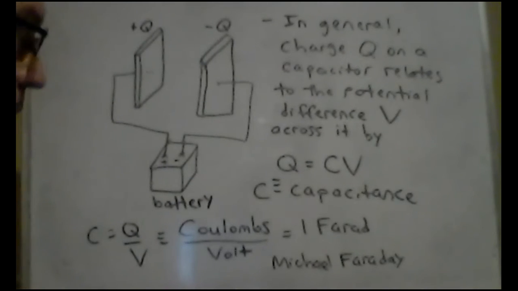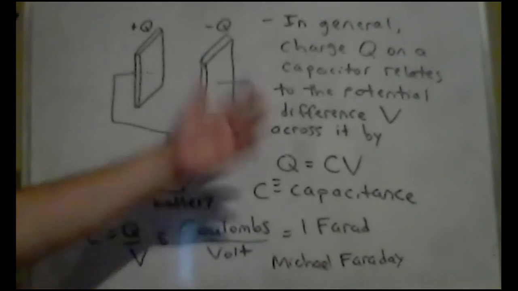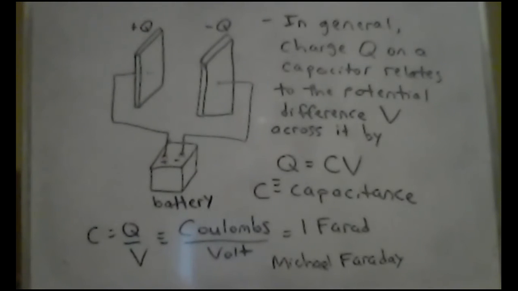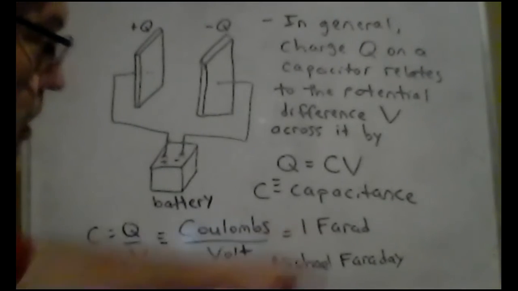Michael Faraday was not known for his mathematical skills. However, he was one of the most brilliant experimental physicists in history. In fact, James Clerk Maxwell took his data to understand what's called Faraday's law. So one of the laws of electromagnetic theory is called Faraday's law. So again, the farad honors him.